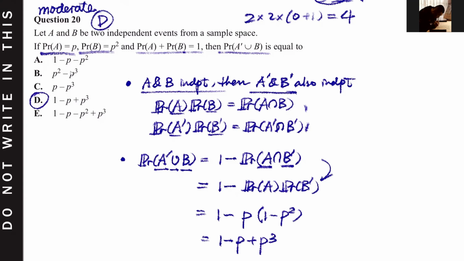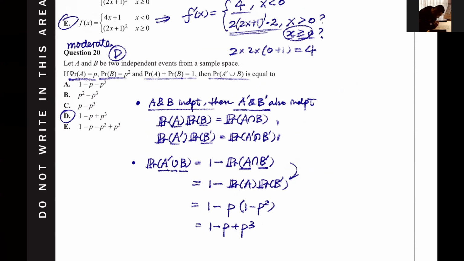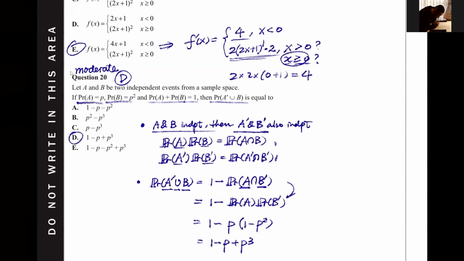So that is a very different question. But now, I think you should be fine. After you realize A and B are independent events, the complementary events are also independent. So that's my discussion to the 20 multi-choice question. Remember, from 2024 onwards, there will only be 4 options for each multi-choice question.